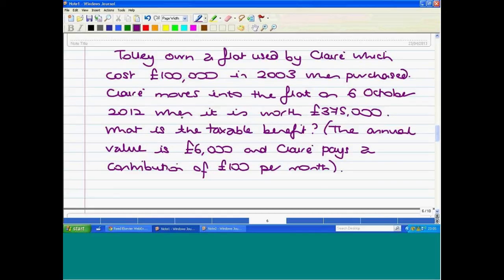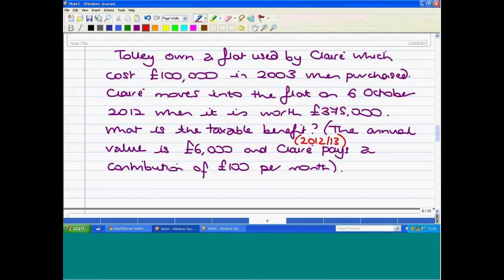I thought this was quite a good question because it makes you consider the 6-year rule. Also, Claire has moved in partway through the tax year, the 6th of October 2012. If we're calculating this for 2012-13, then we've obviously got to do a bit of time apportioning, and then we've got an employee contribution as well.